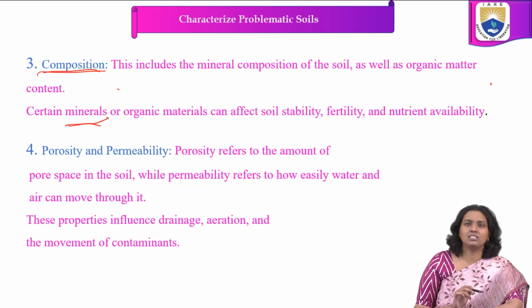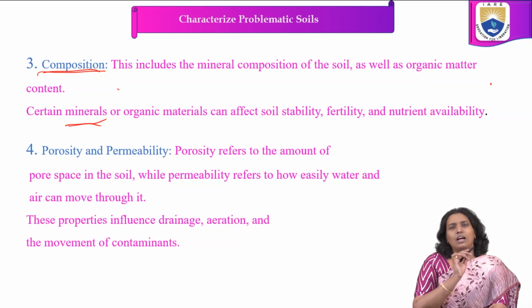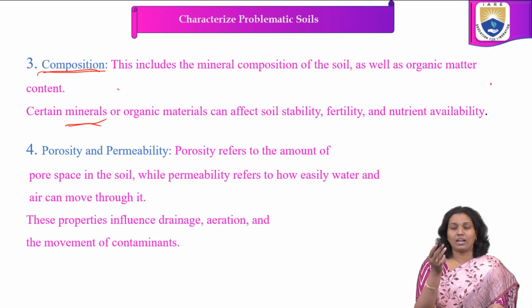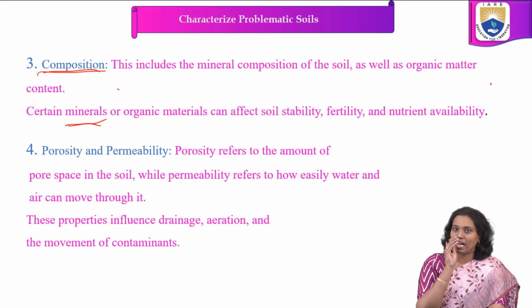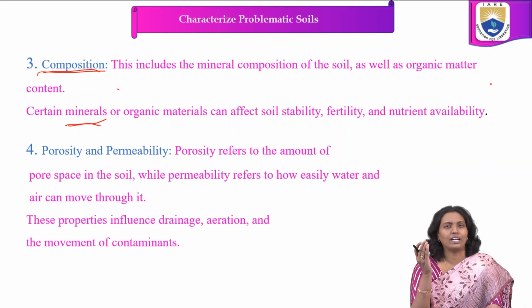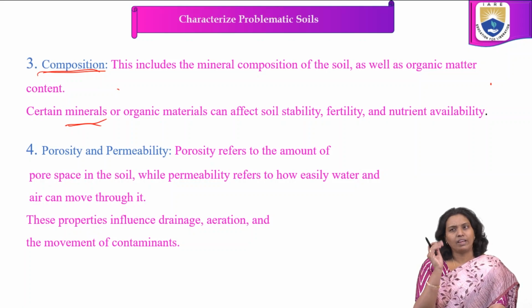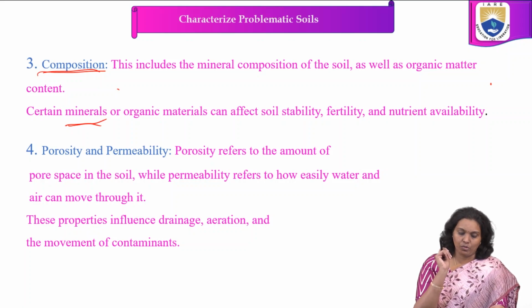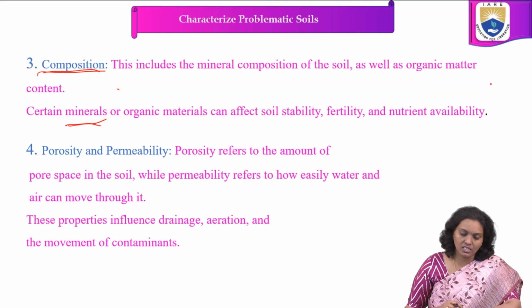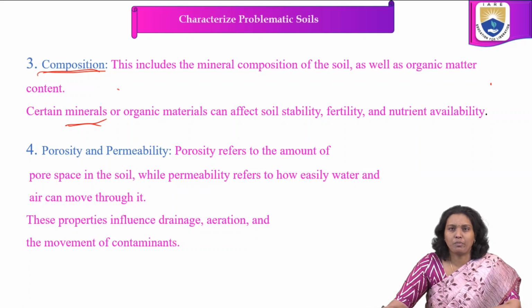Based on these minerals, how they are exposed to the environment, which locality they are in, and the environmental conditions, these are all the parameters which influence stability, fertility and nutrient availability.